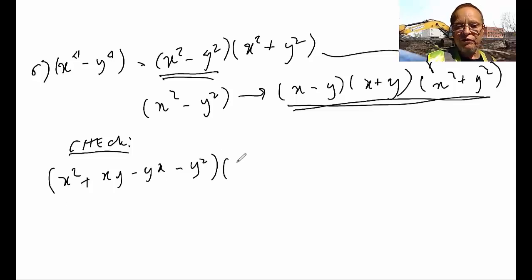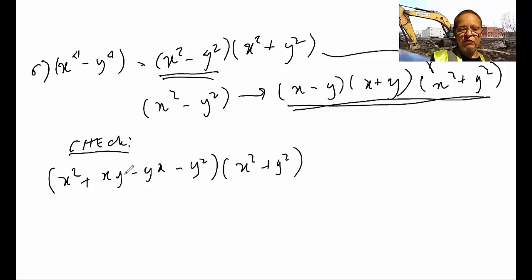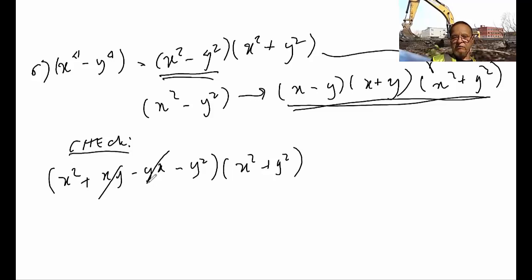And then I'll just bring this one down, x squared plus y squared. And I see because it's commutative, xy and yx, well, they're really the same thing, so these two will cancel.